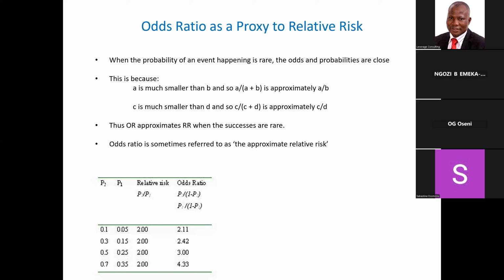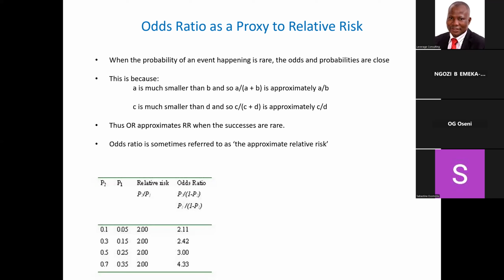If the disease is rare, then if you say A over A plus B, the contribution of that A to A plus B is very small. So when we say A over A plus B, it's like saying A over B, because the contribution of that A to B in the denominator is very small.